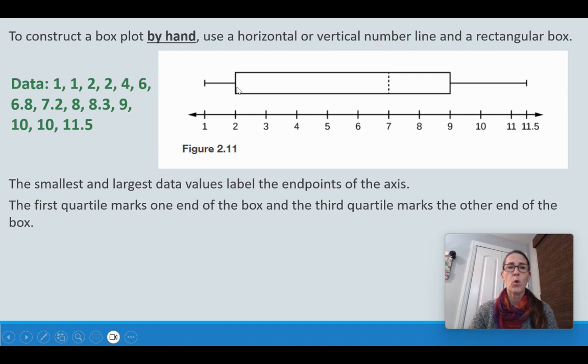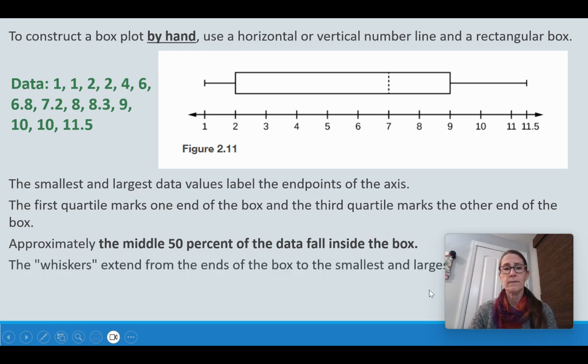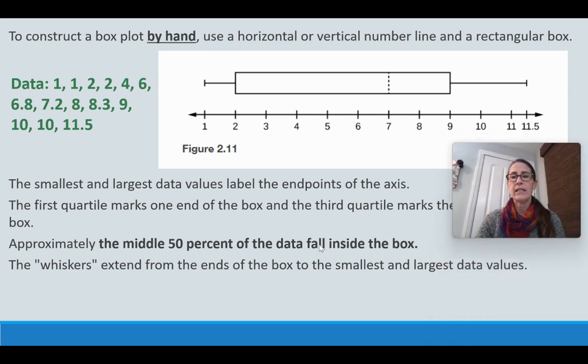The first quartile marks one end of the box on the lower end, and the third quartile marks the other end of the box. So 50% of our data lies inside the box. That's how we can see the IQR here. The whiskers extend to the smallest, the minimum, and the largest, the maximum data values.